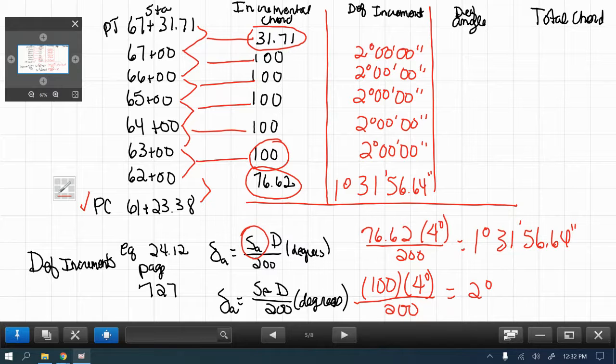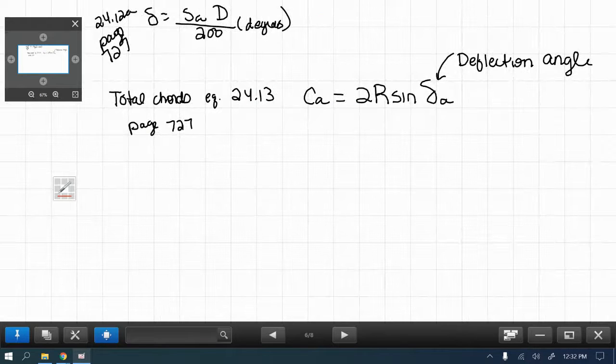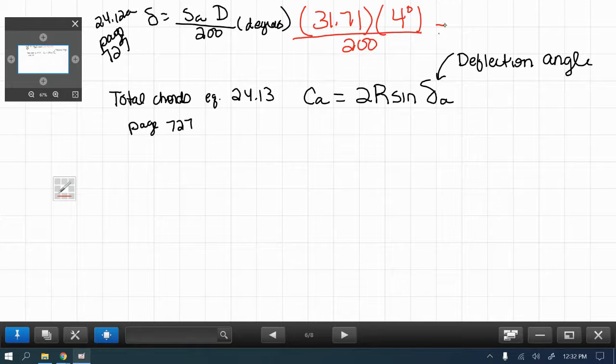And I need to do the last one, which would be 31.71 times my D, which is 4, divided by 200.